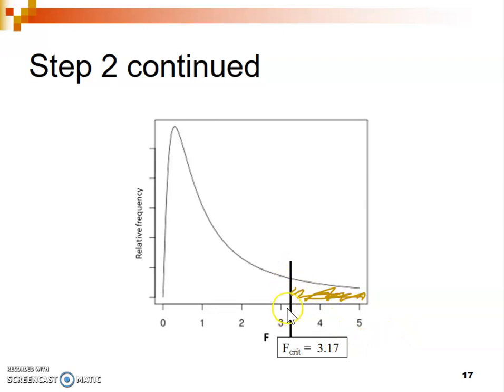But anyways, we looked up our F critical value. Let's go ahead and draw it into our distribution and then shade in the critical region, which is always going to be the tail. So anything more extreme than that value of 3.17 is going to be considered a significant extreme score.